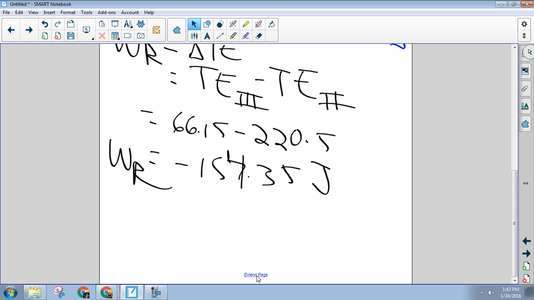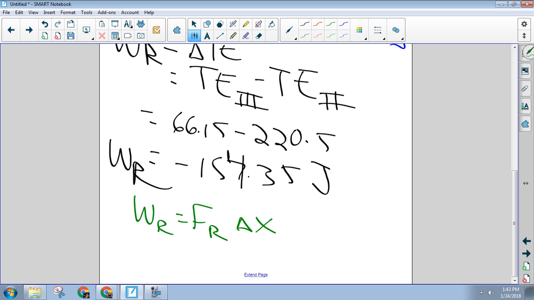All right, so here we go. So work of Roy is force of Roy times displacement. I'm not going to worry about my angle because it's either 0 or 90 or 180. So you get negative 154.35 equals the force of Roy times, what was our displacement? 0.5, right?